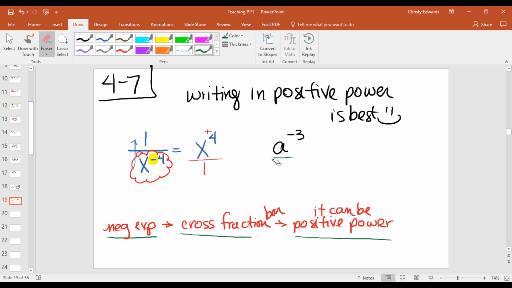So if I say, okay, a to the negative third, could you please write him where he will have a positive exponent? Where does he really want to be? Down in the denominator, which means how do we need to write that? We're going to have to put a 1 to hold the numerator and then a to the positive 3 power. And the 1 is up here because that's the only way to show that we have a to the third in the denominator. You know what I'm saying?